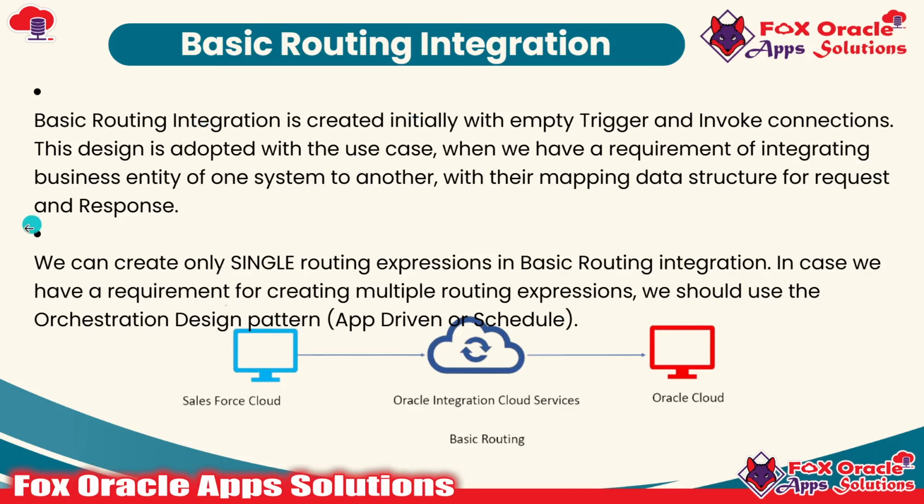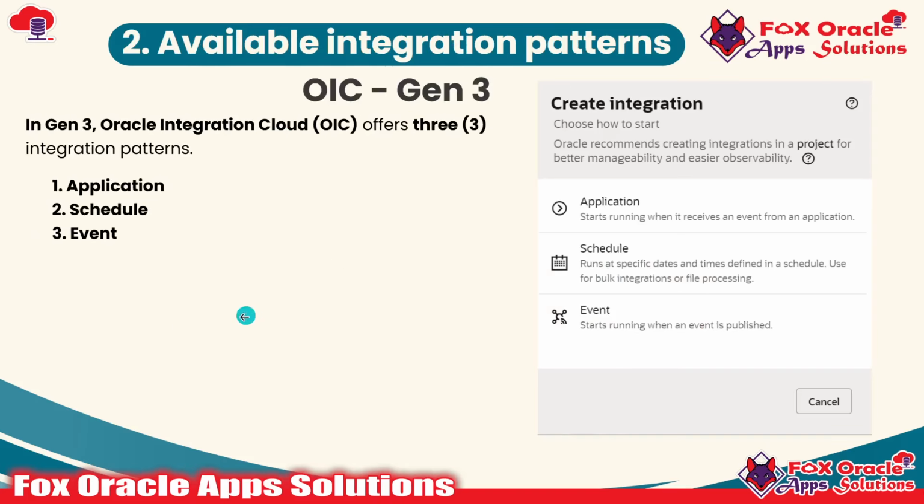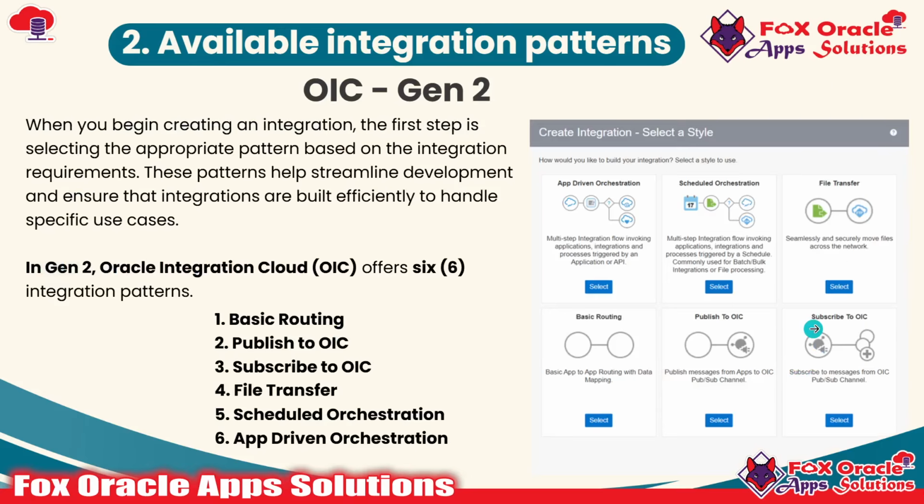That's the reason behind removing all these pattern types from generation 3, the latest one: we have the application type integration, which can do all these things. For example, if you look at the basic route screenshot here, you can see in the diagram it just opened a node where we add the endpoint from start to end.